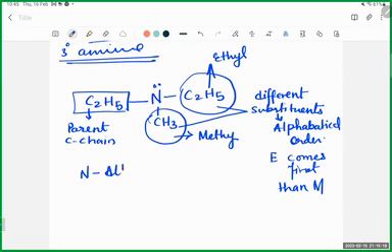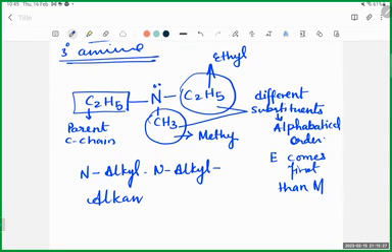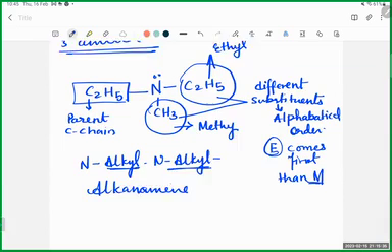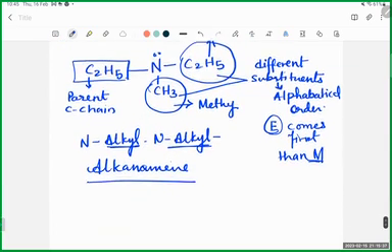So we write first over here. The rule goes N-alkyl, N-alkyl alkanamine. So one N for the preference which gives more, and then another N for the lesser one, and then the root word, and then amine.